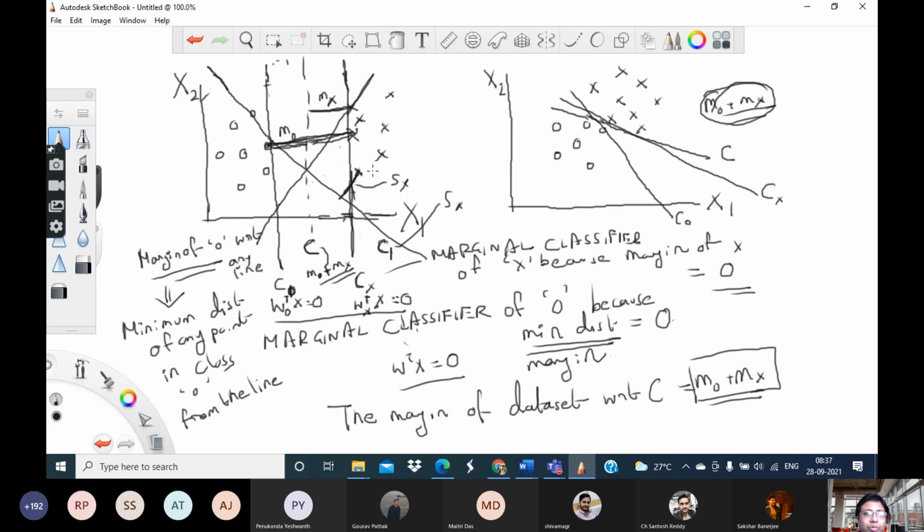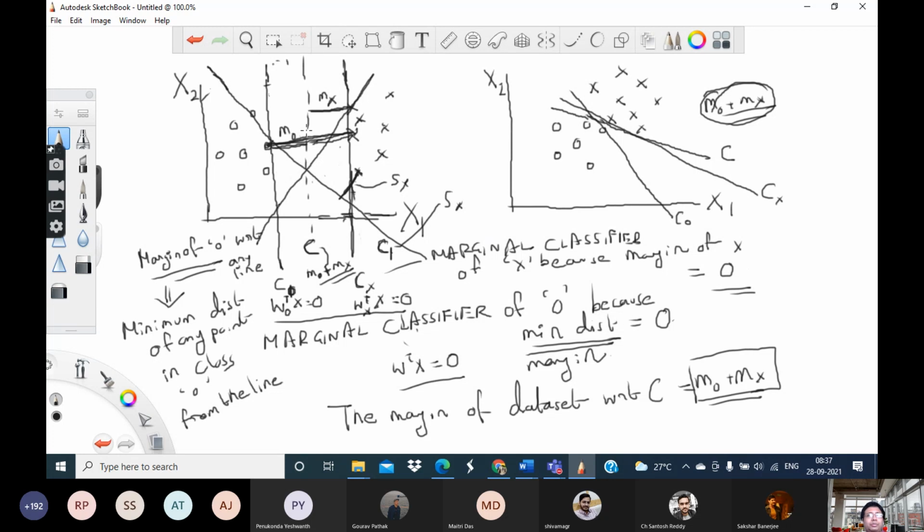So in such a situation we can say that the first data set has a bigger margin than the second data set. Even if you consider all possible lines, you will never be able to achieve a margin of M0 plus Mx in this data set, while in this data set you have already achieved it using C as the line.